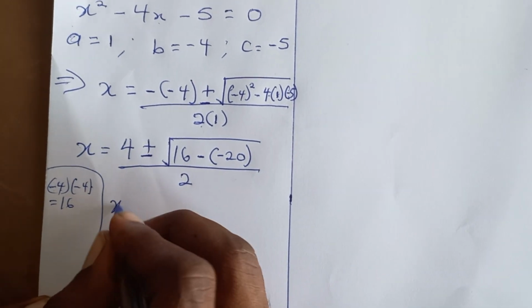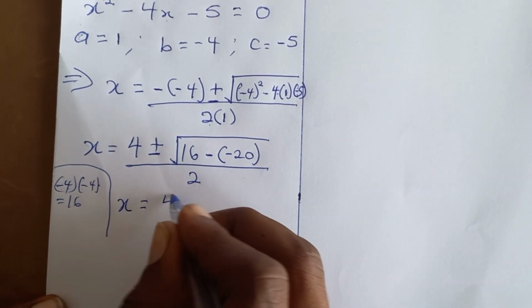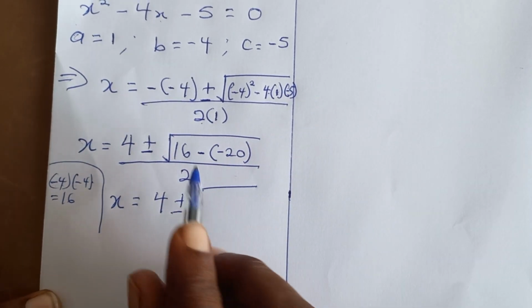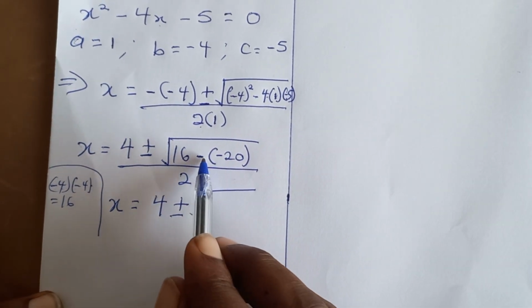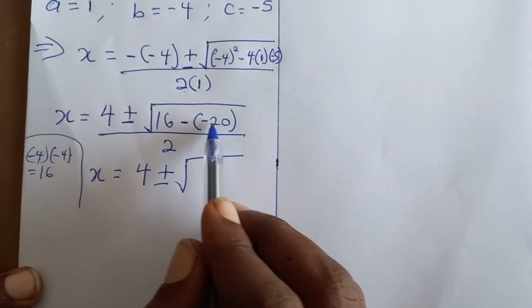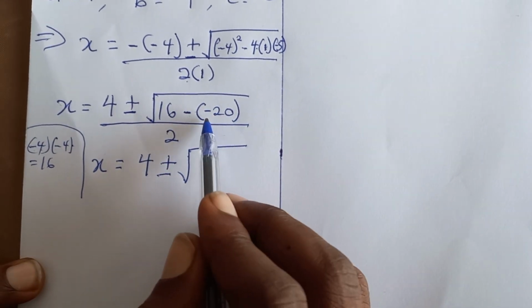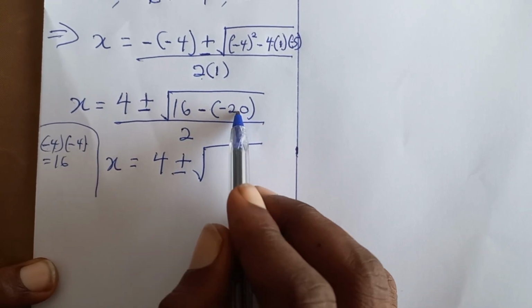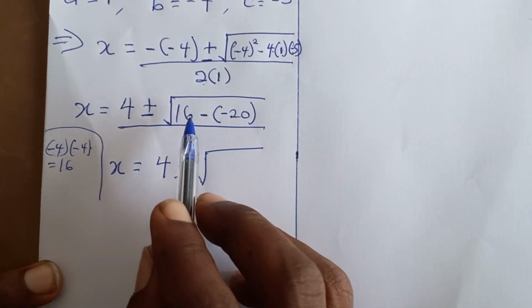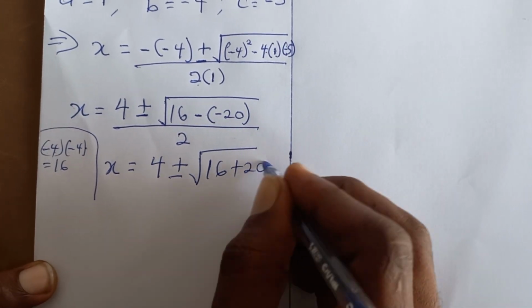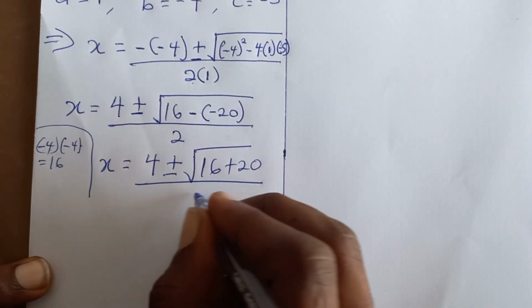So we get our x to be 4 plus or minus root of, don't forget, as we said, we assume that there is 1 here, so negative 1 times negative 20, we get a positive number, which is 20. So we get 16 plus 20 all over 2.